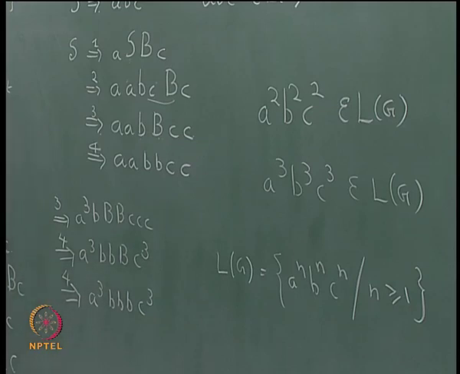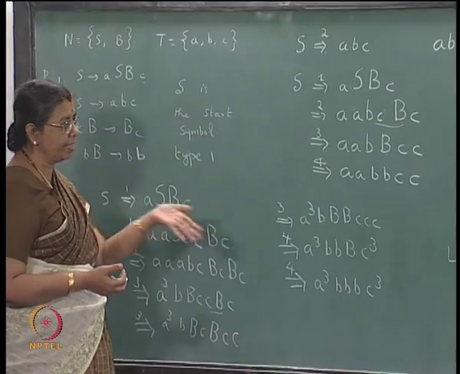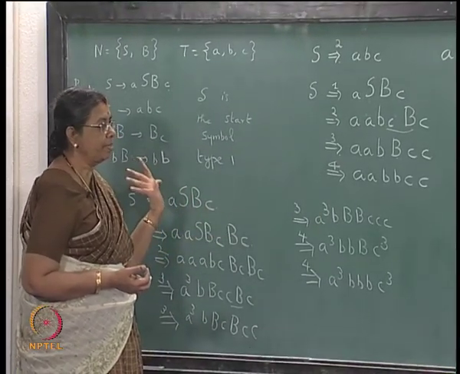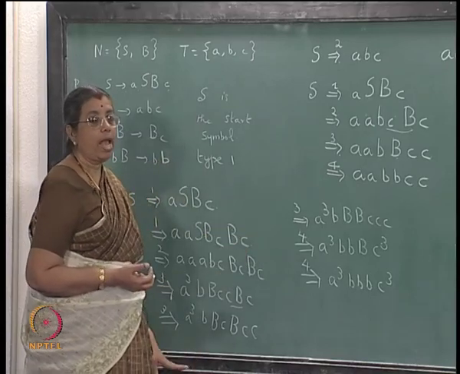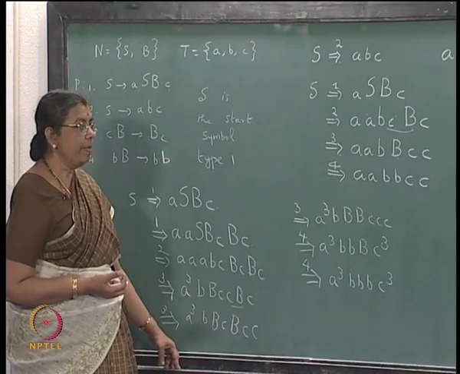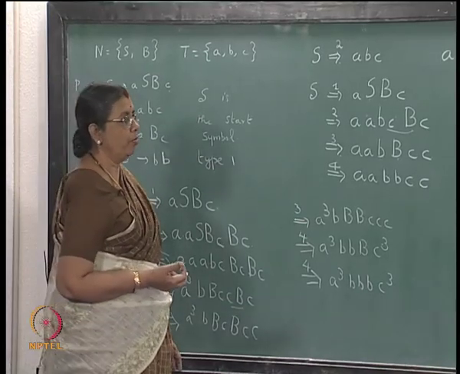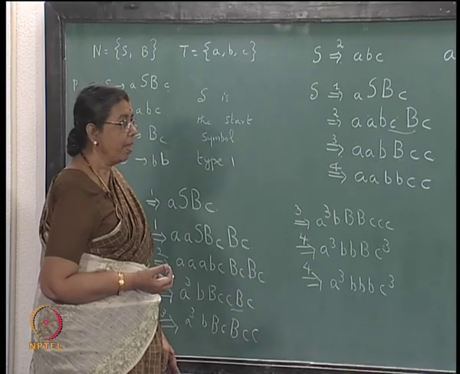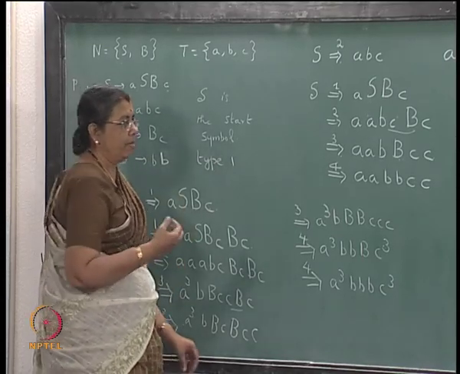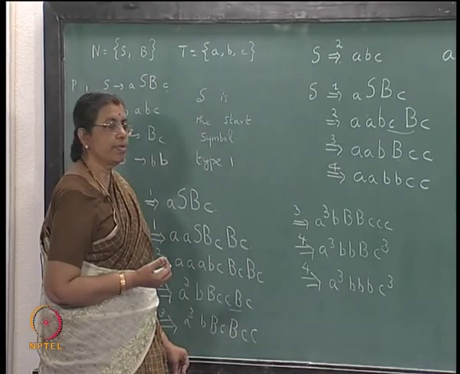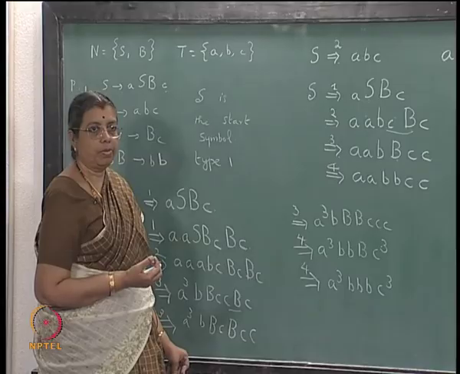You have to generate an equal number of b's and c's, but then shift the b's to this side and shift the c's and so on, and that requires some context. So, this cannot be generated. Later on we give a formal proof that it cannot be generated by a type 2 grammar after learning some theorems, but at present we will just make a note that this is a type 1 language which cannot be generated by any type 2 grammar.